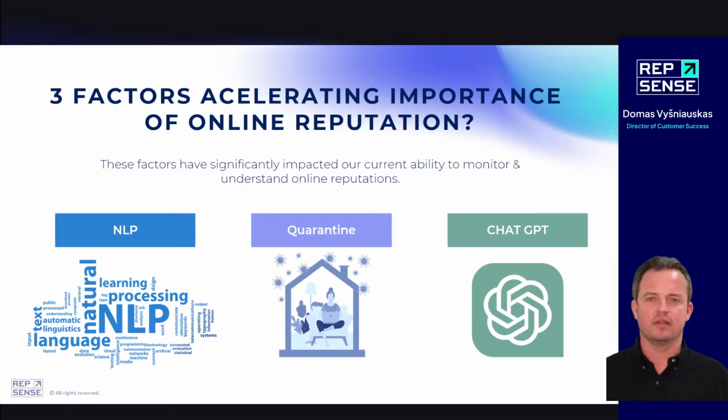So in conclusion, the influence of natural language processing, quarantine and ChatGPT has significantly impacted our current ability to understand online reputations. These factors have made it possible to analyze vast amounts of online content quite accurately.